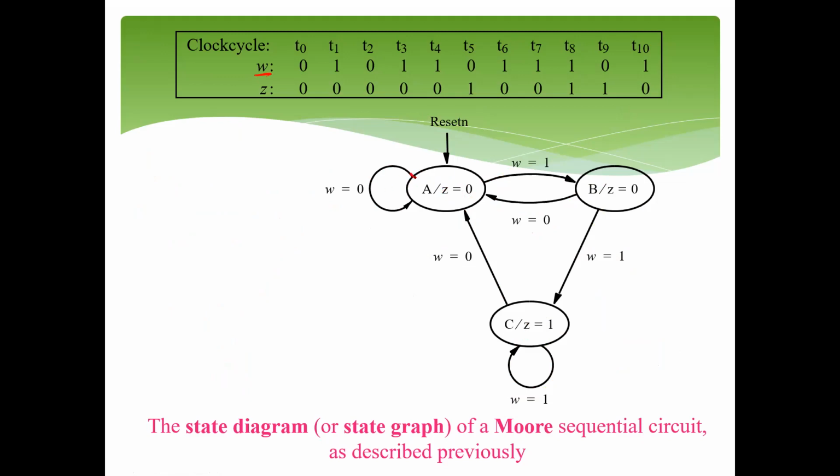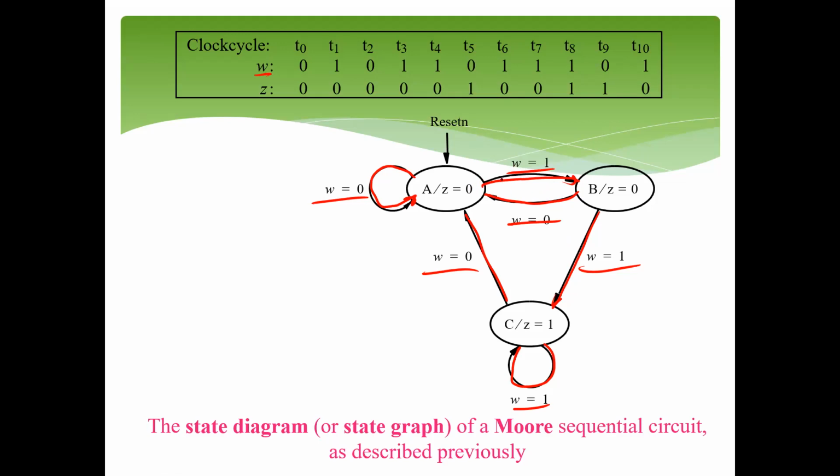This arrow is going out of state A with W0, and the other going out of state A with W1. Same for state B. One arrow will go out with W0, and one arrow will go out with W1. State C, one arrow going out for W1 and one for W0. Make sure you're counting the arrows going out of the state, not in.